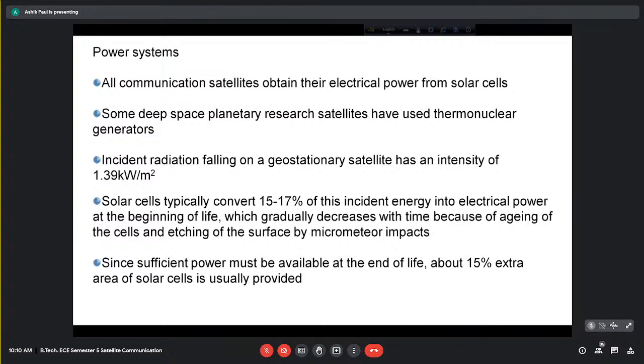For performing those operations, we need power, right? So according to international regulations, about 15% of the solar cell area has to be kept intact.